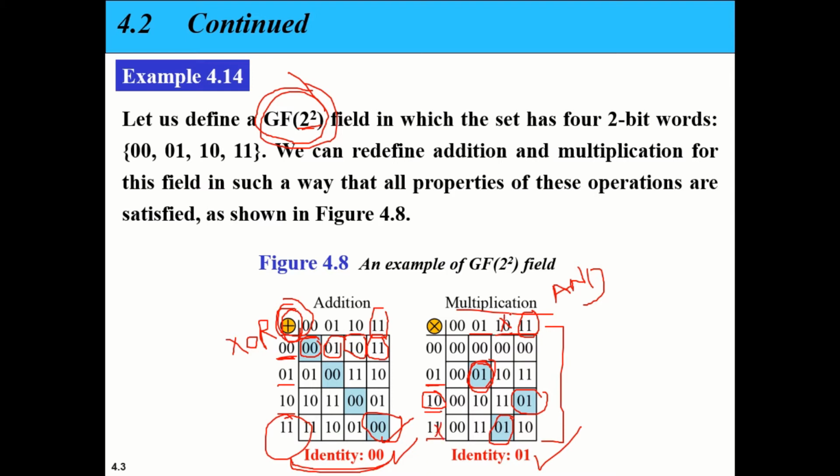Obviously, if 1 0 is the multiplicative inverse of 1 1, then 1 1 will be the multiplicative inverse of 1 0, right? So these three multiplicative inverses we have for this given field. This is how we represent the addition and multiplication operations using this Galois field, which is a Galois field of the form 2 raised to n.